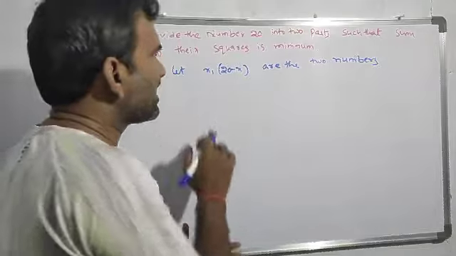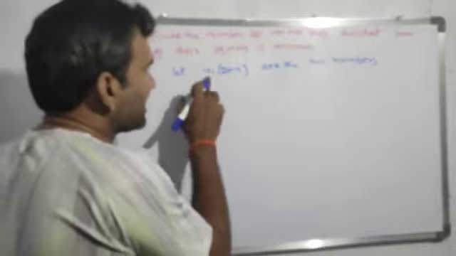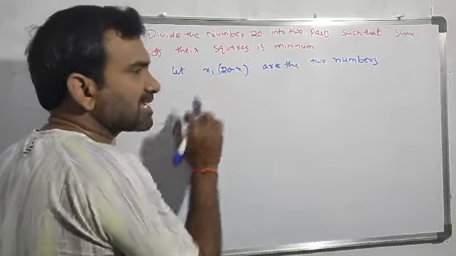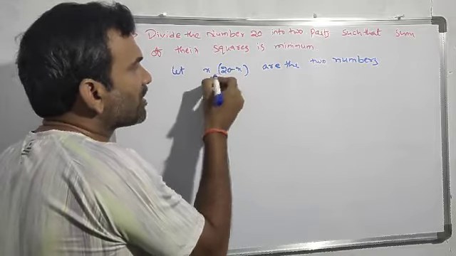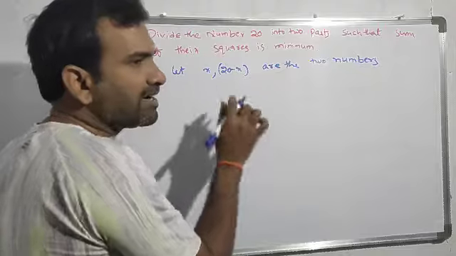It is very easy. So what are our numbers? x is one number, 20 minus x is the second number. If you add both, you get 20. That means 20 is divided into two parts.